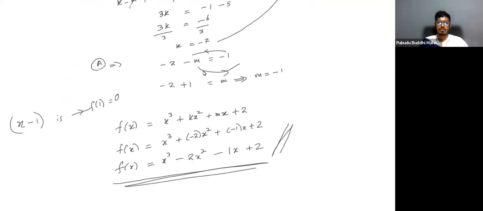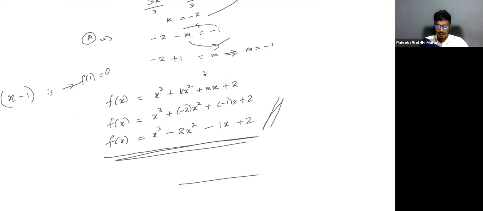Yeah. So for this function, there are two x-intercepts, minus 1 and plus 2, right? Because at those points, the function value equals 0. Then x minus 1 actually is a factor, x plus 1 is a factor, and x minus 2 is a factor of f of x. Okay.